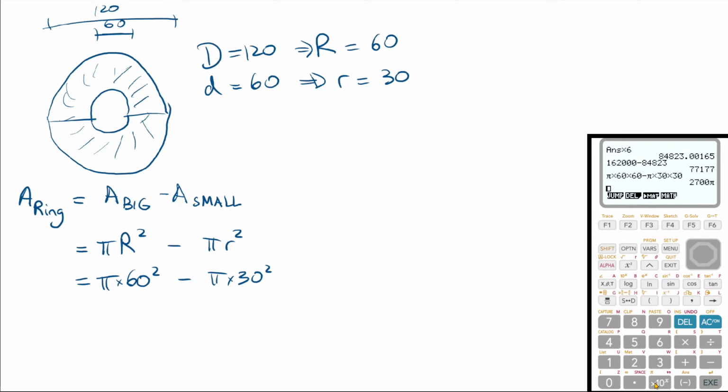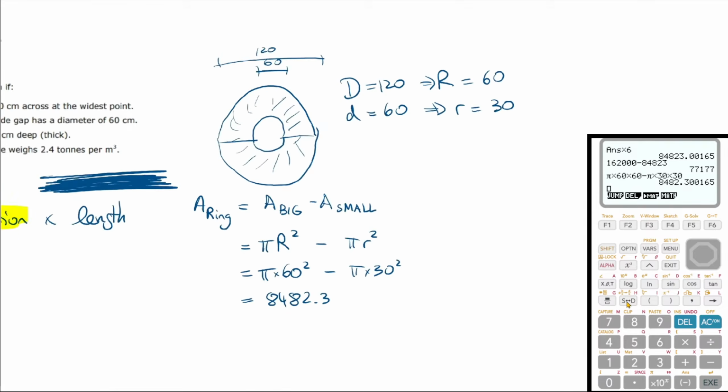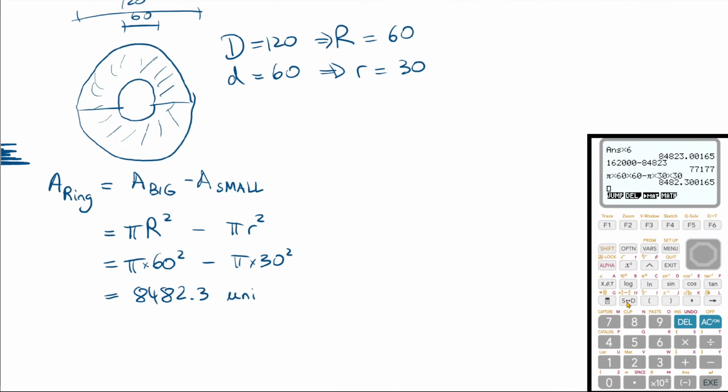There we go. And we don't want the number as a pi because it's a real situation. So our answer is going to be 8,482.3. Units, I think, were not given, but whatever it would be, units squared. We can put that in there.